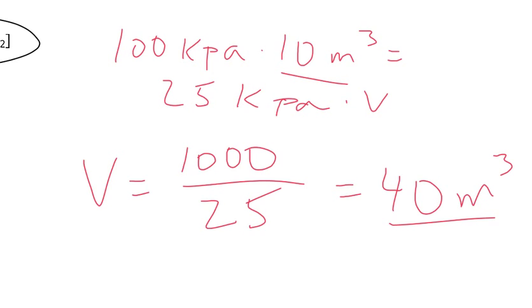In fact, it's an inverse relationship, but it's exactly inverse. So that's what I meant when I said direct. It's a 1 for 1, a 2 for 2, a 4 for 4. If you decrease the pressure by a factor of 4, you increase the volume by a factor of 4. The amount that one decreases by is the factor that the other one increases by. So that's an inverse relationship, but it's exactly inverse.